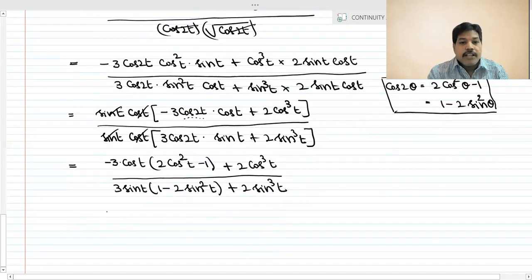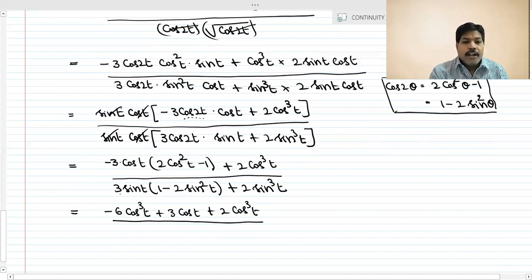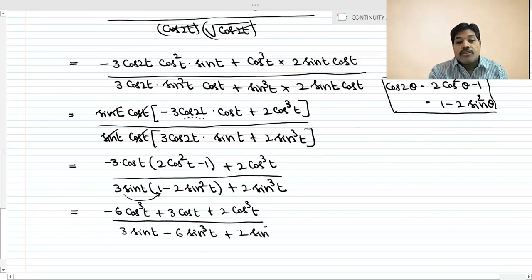So what happens? Just multiply the terms, students. Multiplying with the 3 cos t inside, it becomes minus 6 cos cube t plus 3 cos t plus 2 cos cube t, whole by, multiplying with 3 sin t in the denominator, that is 3 sin t minus 6 sin cube t plus 2 sin cube t.